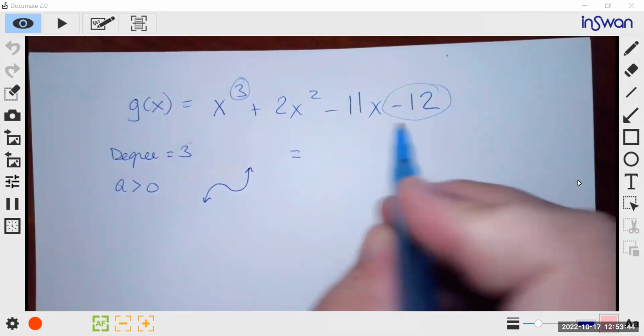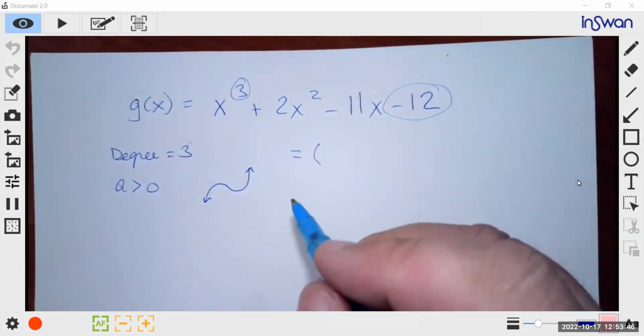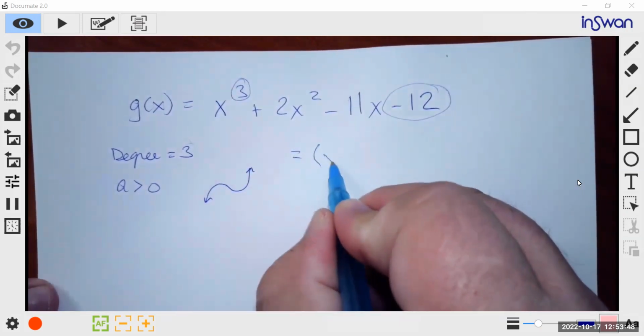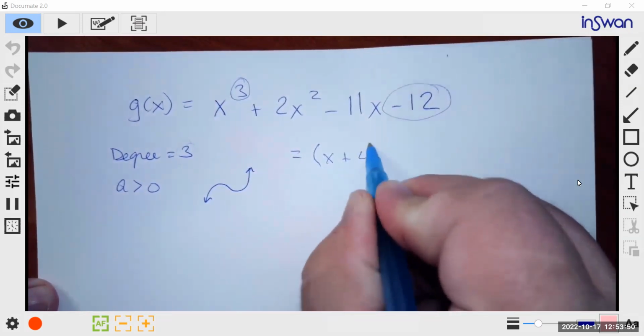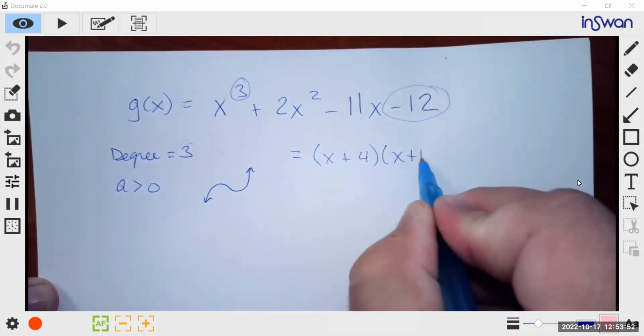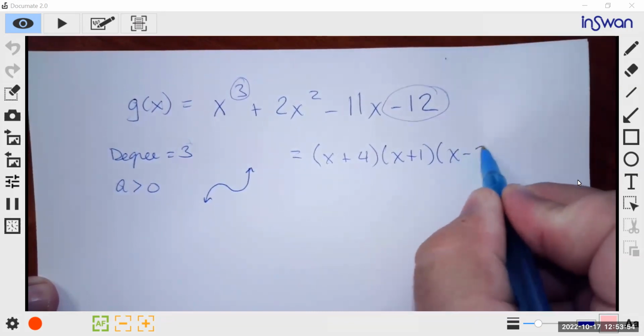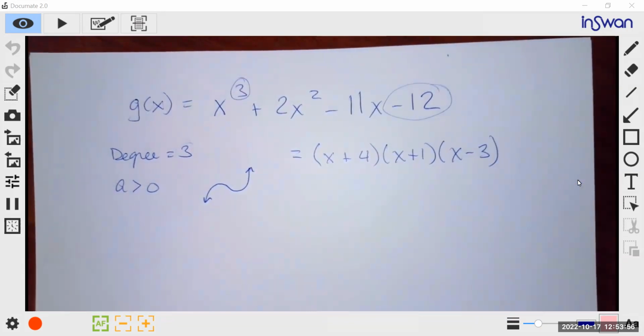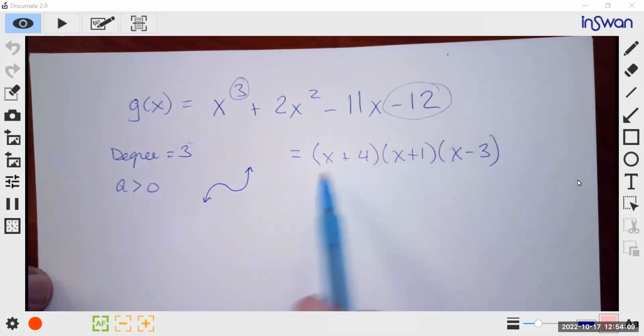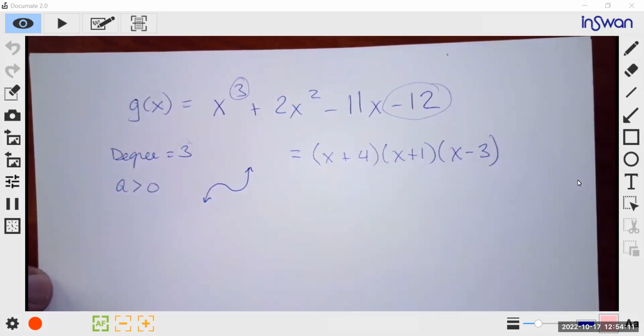So the factored part of this, we would be able to figure this out. Those are the factored forms. So what can you tell me about those? What is that going to tell us? Yep, the x-intercepts.